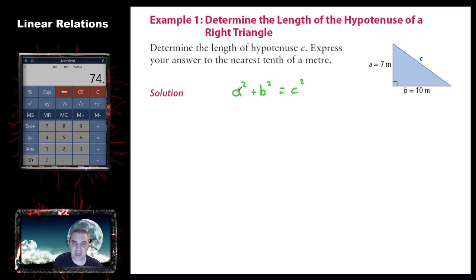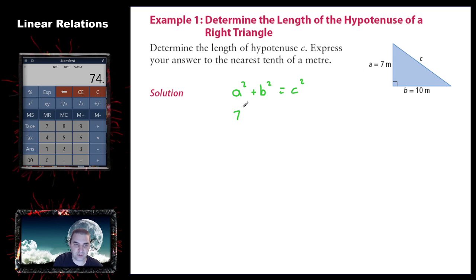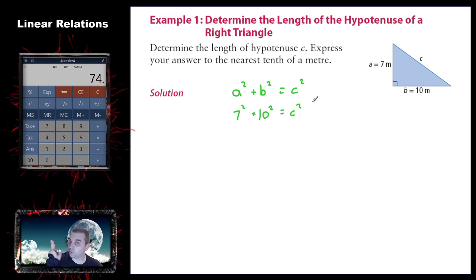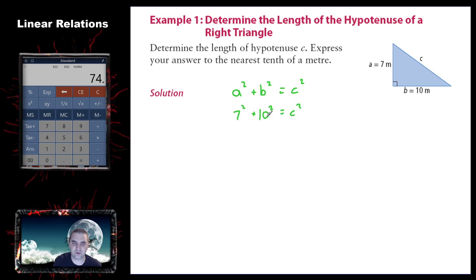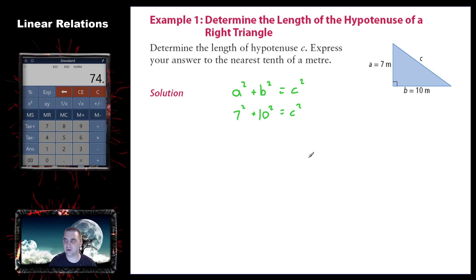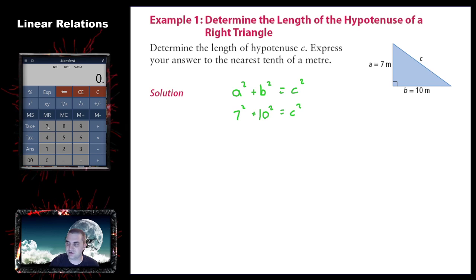And here we go. A is 7, so we're talking about 7 squared here. And B is 10, so 10 squared. C, we don't know. But now we can kind of solve. We do have some experience with squares and square roots. We did that earlier in this unit, so we should be able to find our way here. 7 squared is not 74, despite what my calculator wants to tell you here. 7 squared is actually 49.